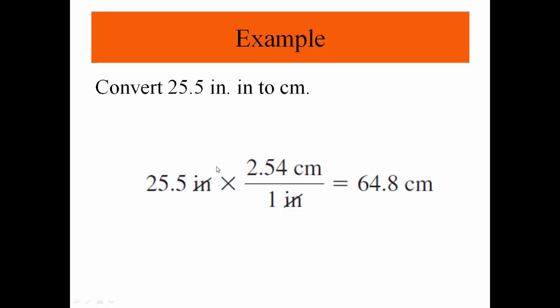We can cancel inch by inch, and what remains is centimeter, the only unit we have. 25.5 times 2.54 gives us 64.8, and the remaining unit is centimeters. So 25.5 inches is equivalent to 64.8 centimeters.